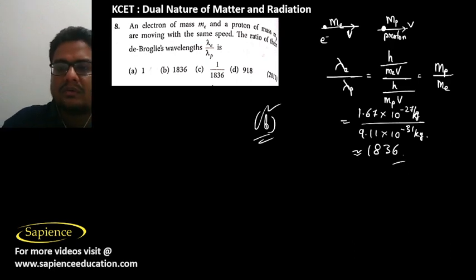So how did we get 1836? That is 1.67 into 10 power minus 27 plus 31, divided by 9.11.